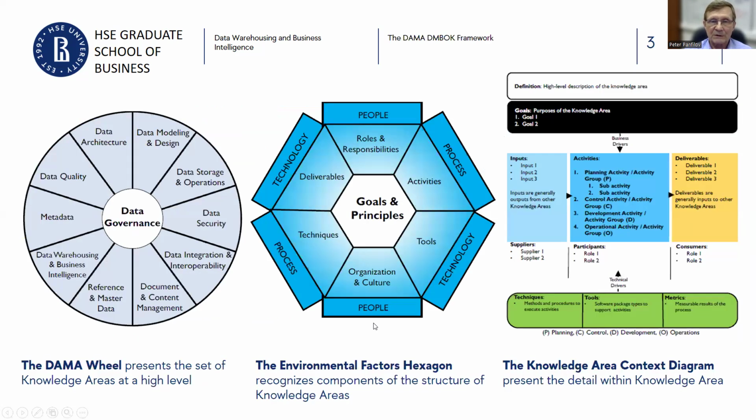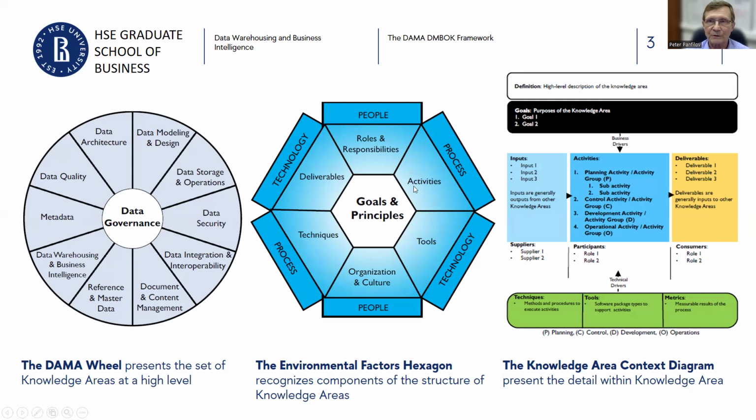Okay, so as usual, we have our framework. We have the DAMA wheel. We have a context diagram with all details of this knowledge area. And we have a hexagon for environmental factors, describing guiding principles, people, technology, process, and all other stuff.